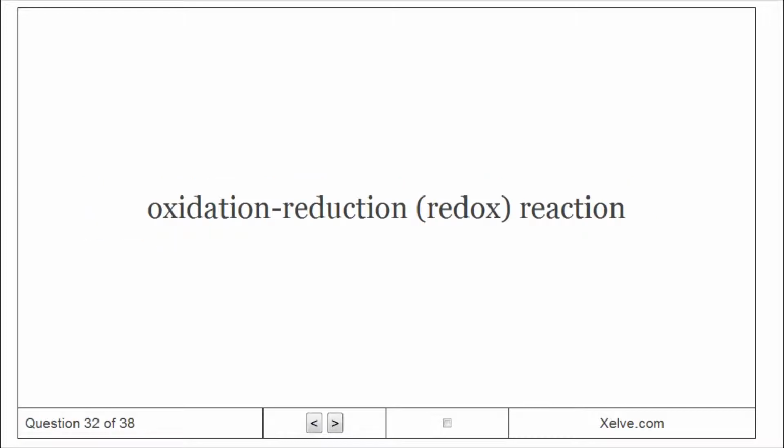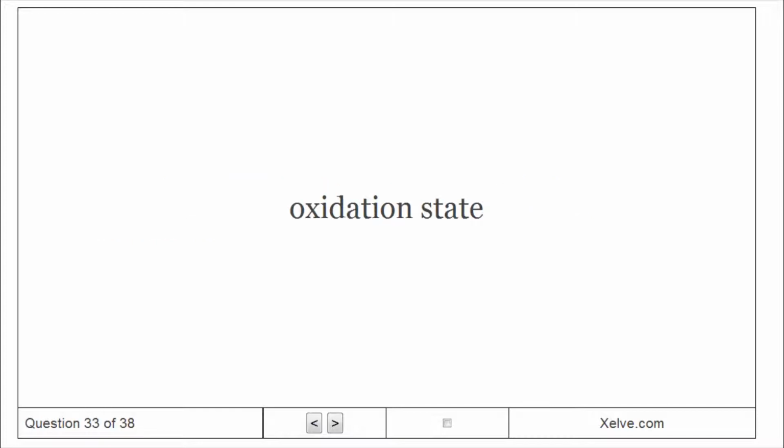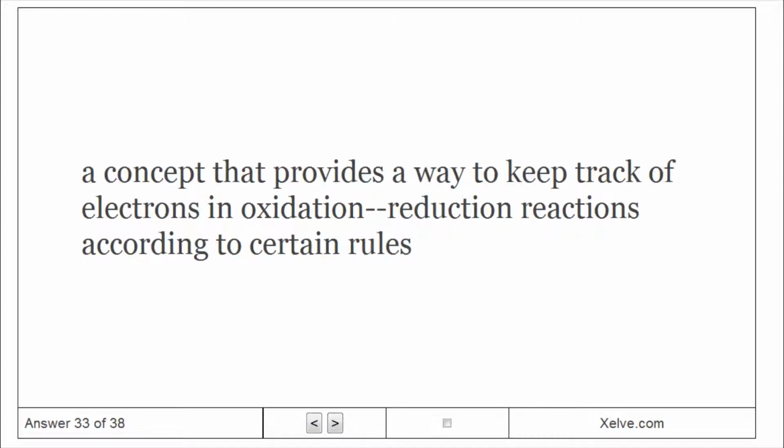Oxidation-reduction reaction. A reaction in which one or more electrons are transferred. Oxidation state. A concept that provides a way to keep track of electrons in oxidation-reduction reactions according to certain rules.